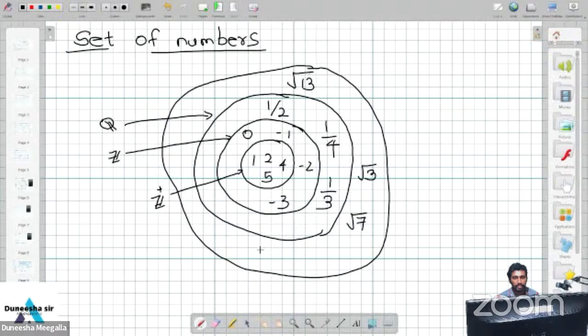Then another value is pi. What is pi? Pi is 22 over 7. It's an irrational number.